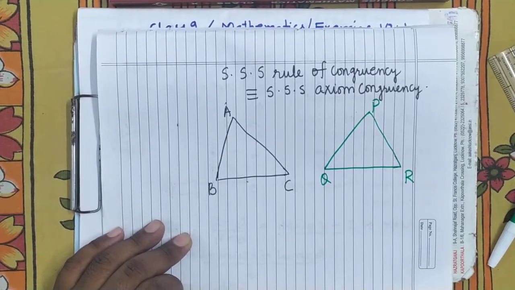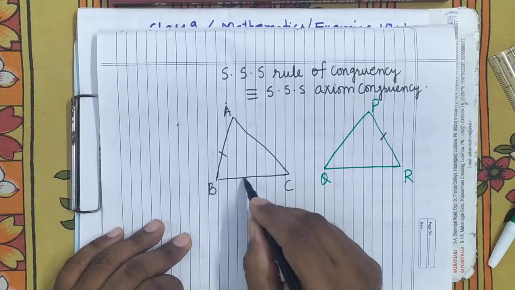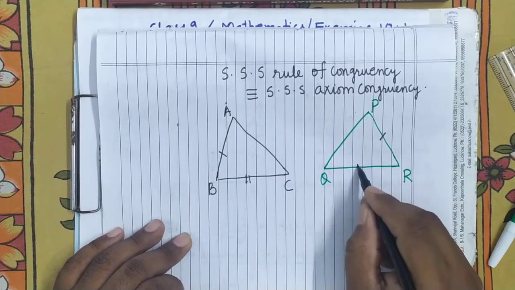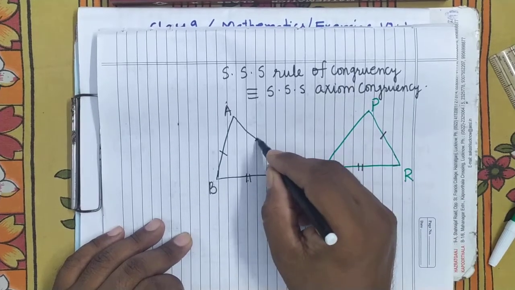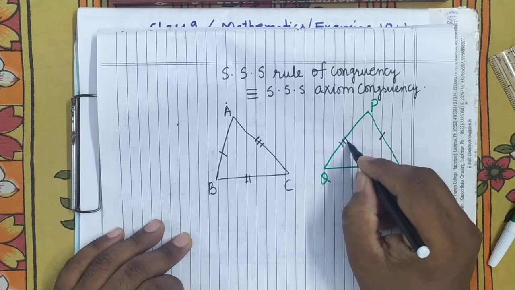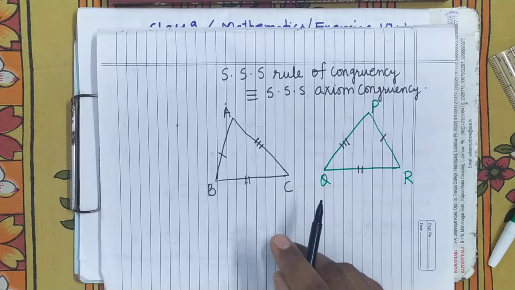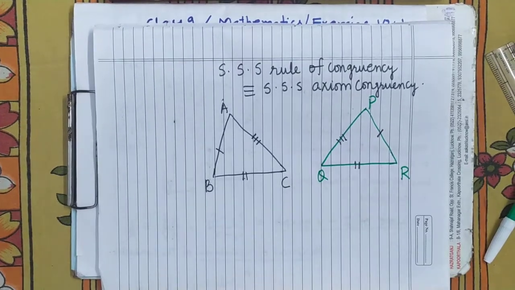Now see here, this is given: AB is equal to PR, BC is equal to QR, and AC is equal to PQ. It's clear? Therefore, both the triangles will be congruent.